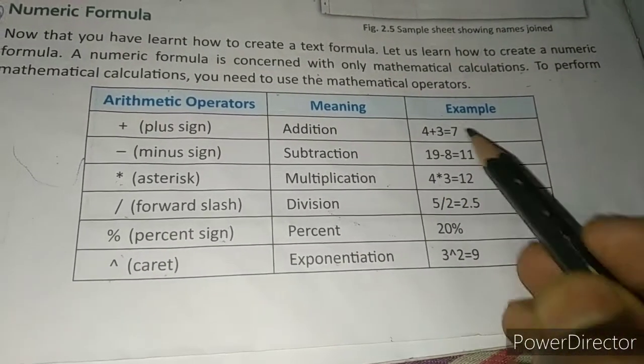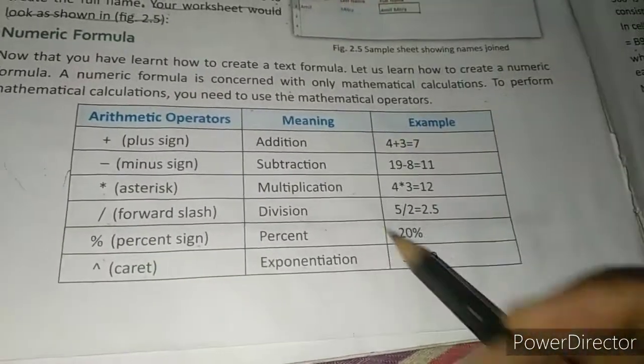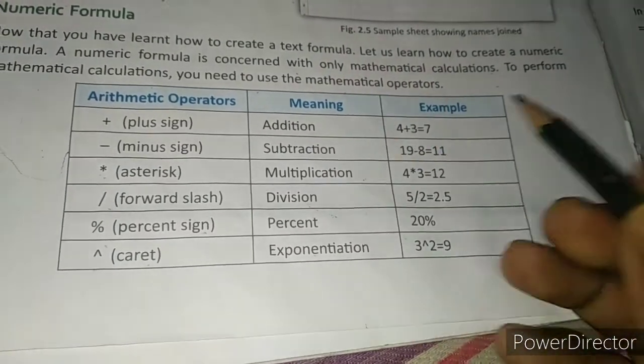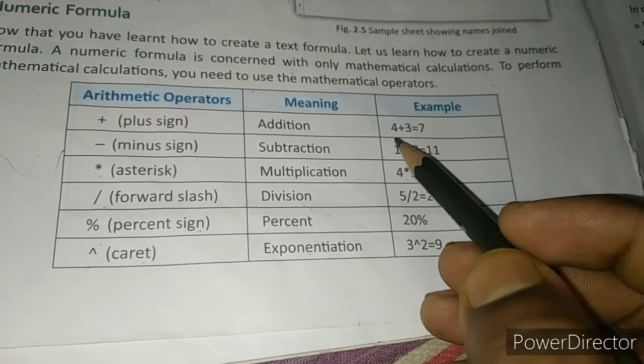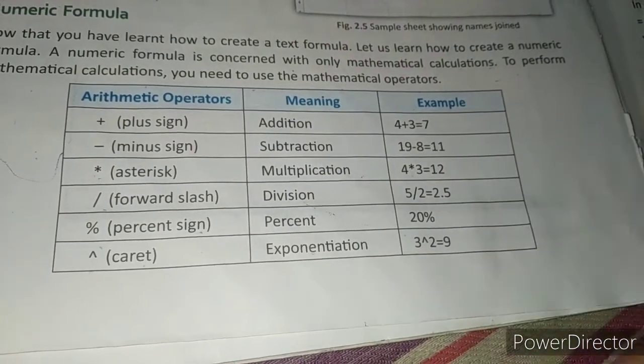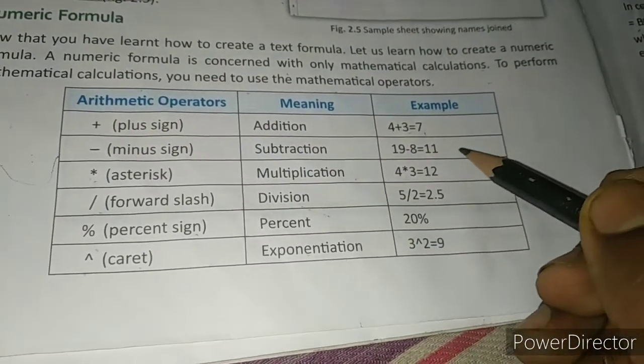So when you use numbers and operators in the formula, this is known as a numeric formula. For example, if you write equal to 4+3 and click enter, the result 7 will be obtained, right?